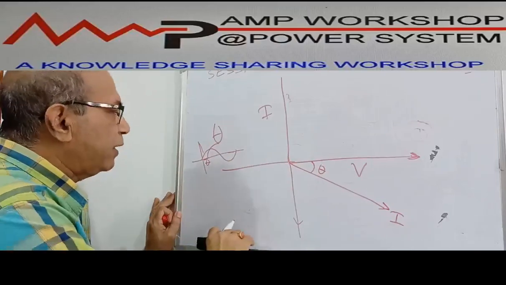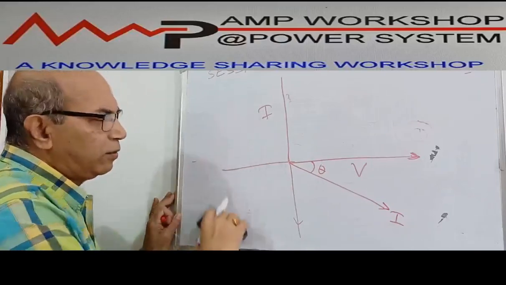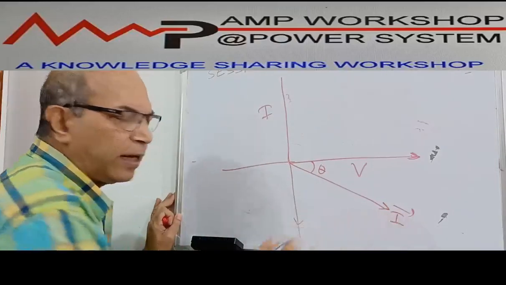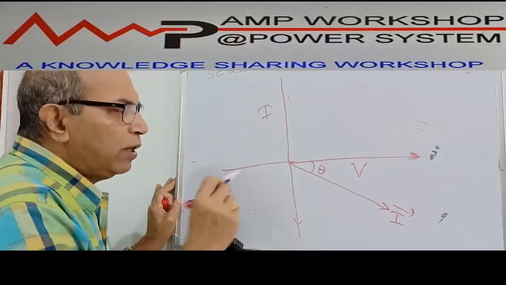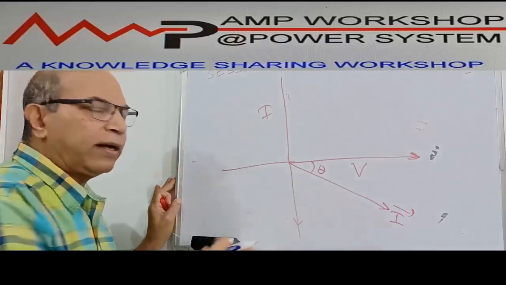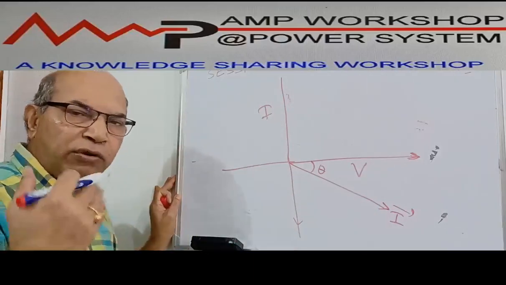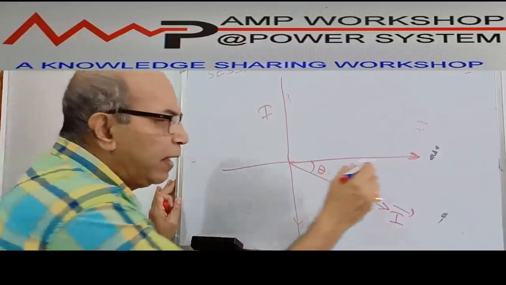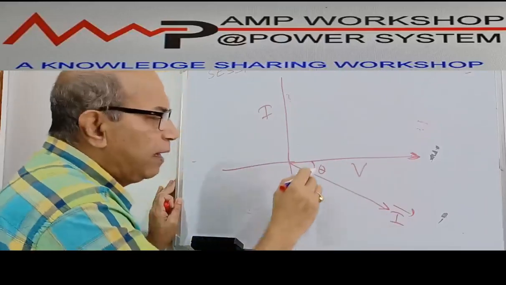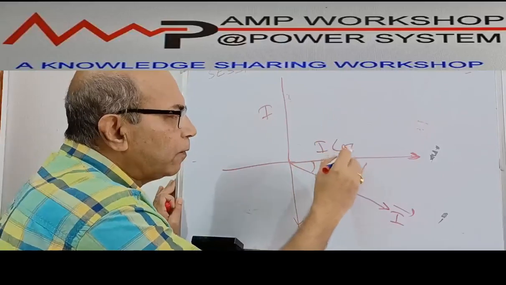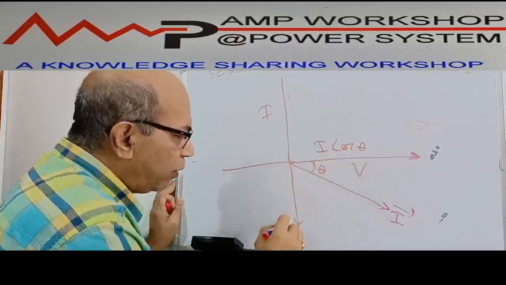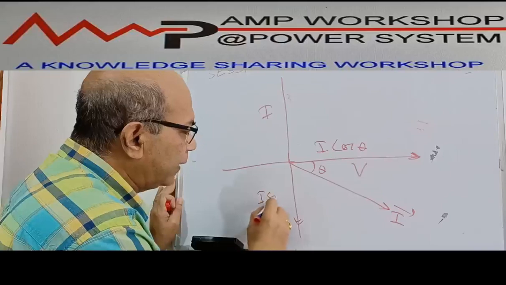From here we can see that current is a vector, a directional element. So this current vector we can resolve into two components. One component is aligned with the voltage. If this is theta, this component will be I cos theta, and the perpendicular component will be I sin theta.